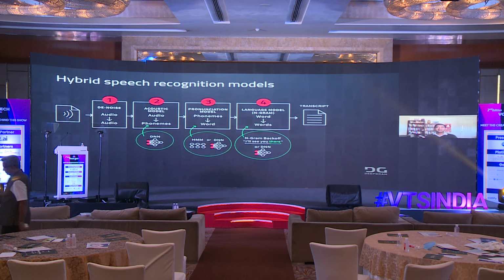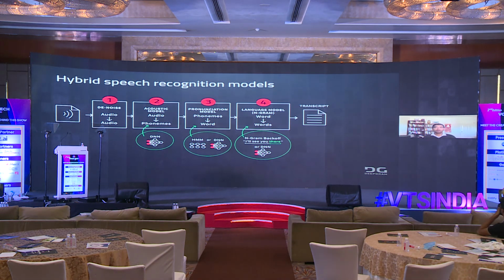Next, the hybrid models. They were developed in an effort to take advantage of machine learning within the architecture of the traditional method. And they do this by incorporating machine learning in a localized way within each of the 4 steps. So in the traditional method, the acoustic, pronunciation, and language layers are usually driven by statistical models that predate machine learning techniques, such as HMMs or hidden Markov models.